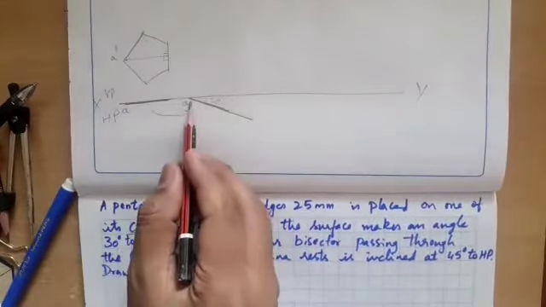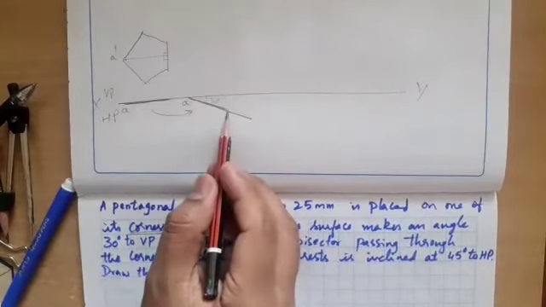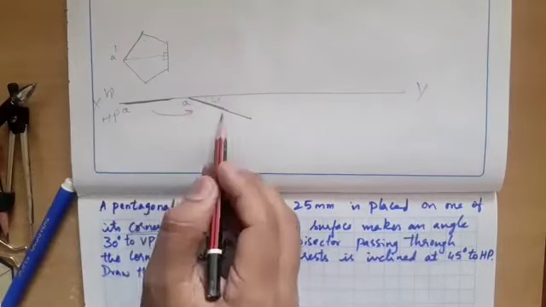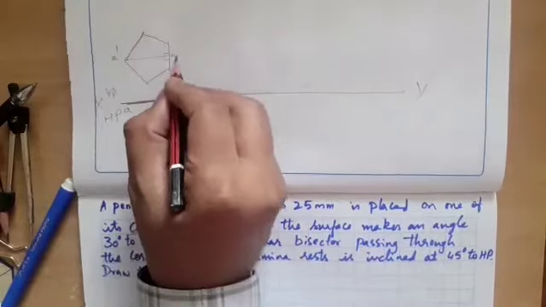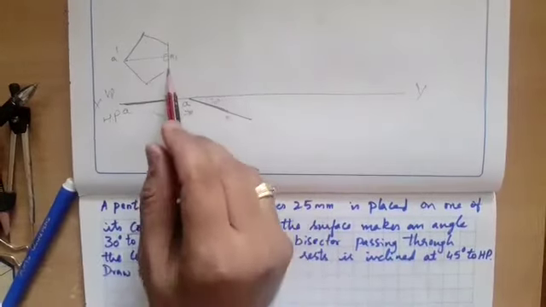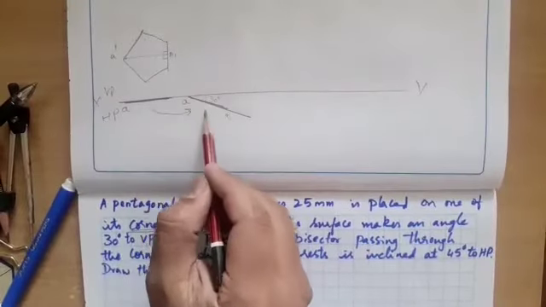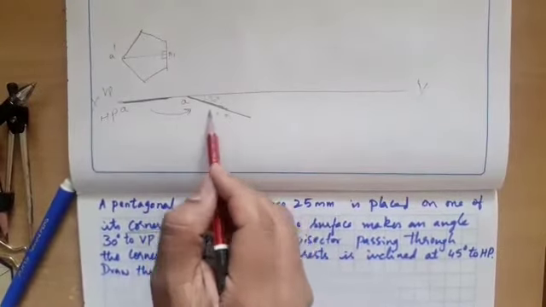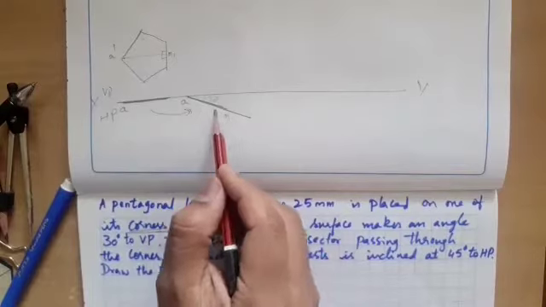As you have inclined the surface here at 30 degree, even A, I'll just name it as M1, even AM1 is also inclined here along with this edge. That is, first inclination is over.